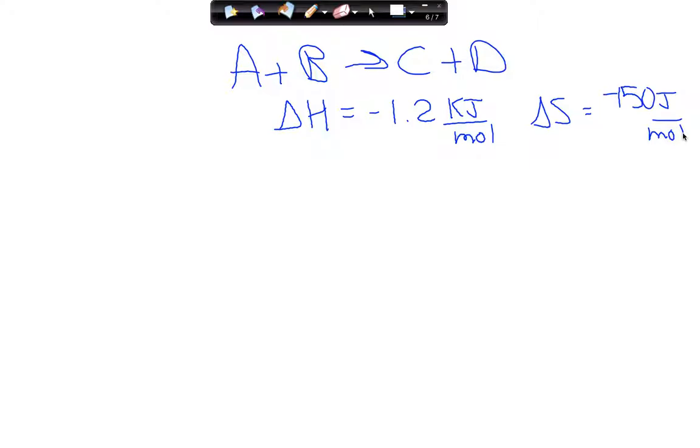So now, guys, if we want this reaction to be spontaneous, do we need to make the delta S, which is bad, bigger or smaller? We want to make bad little, right? Because if bad is little, then big wins out, and this reaction will be spontaneous.